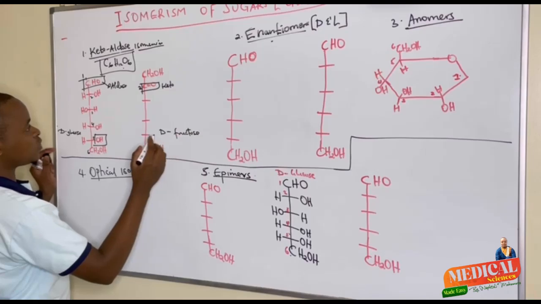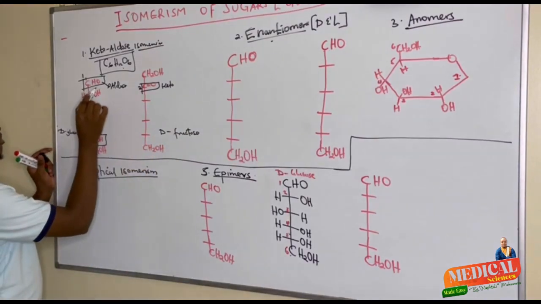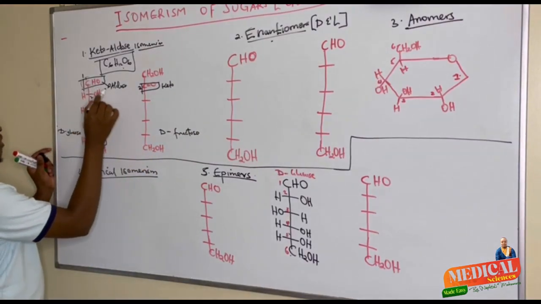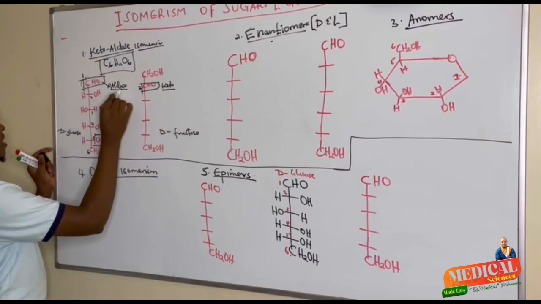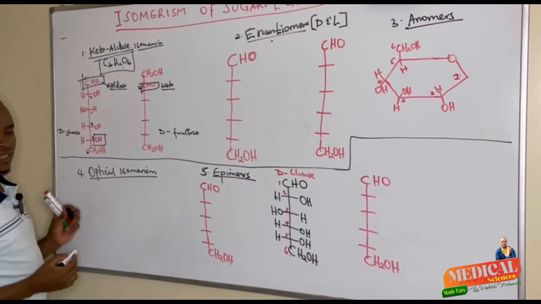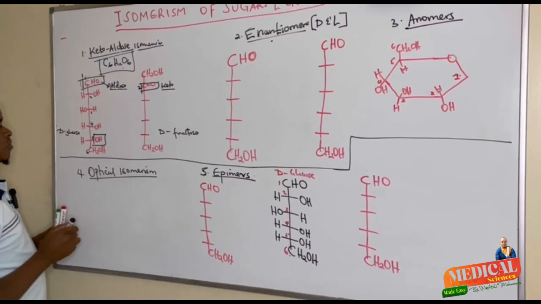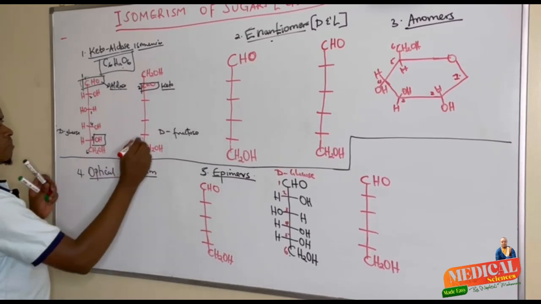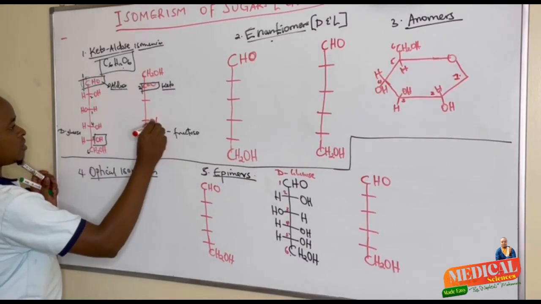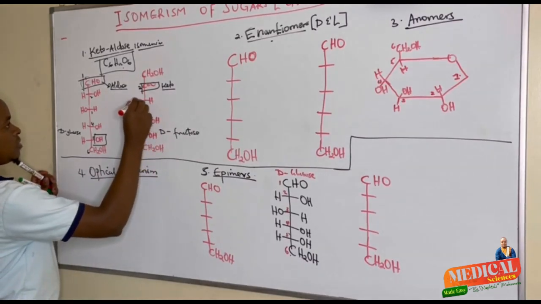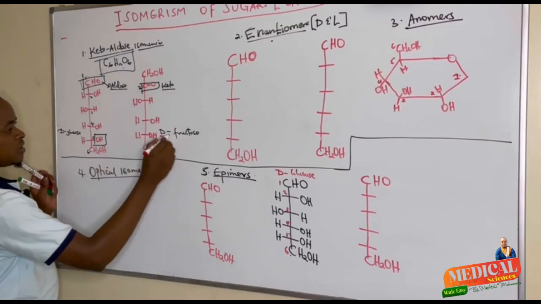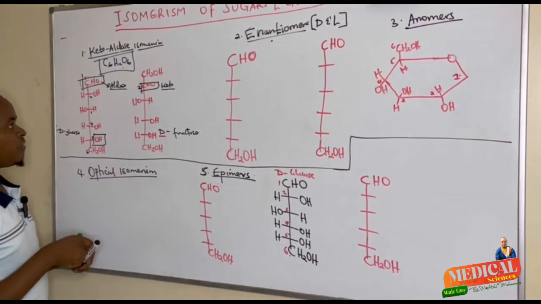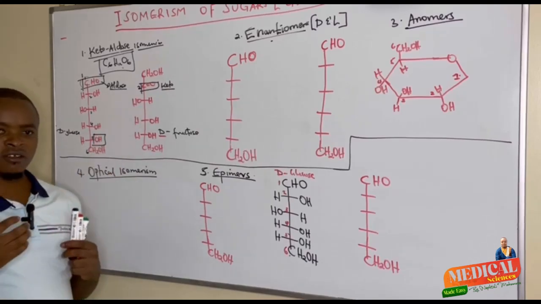It becomes fructose due to the change in position, whereby in glucose we have the aldehyde functional group, and here it becomes a ketone functional group. But others remain the same, whereby here we shall have OH, OH, then H. Others remain the same. That's why we call it D-fructose.